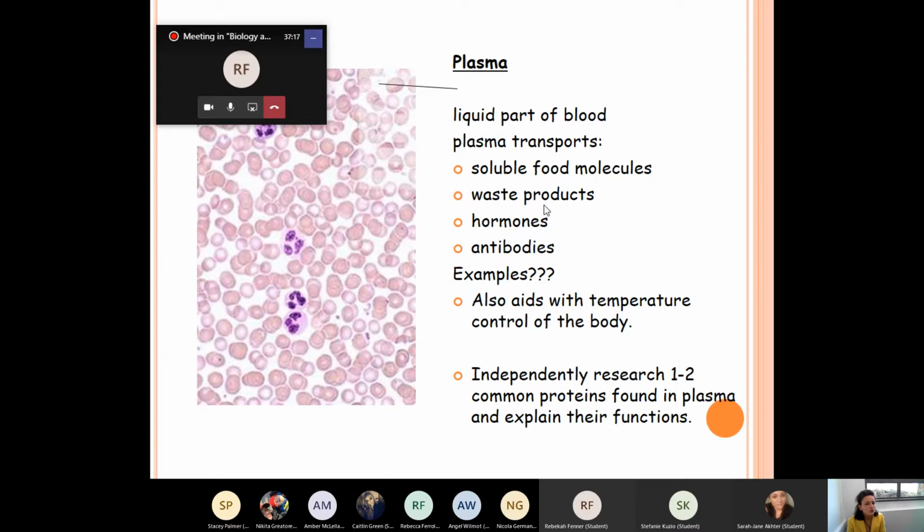And when it comes to hormones, can you tell me specifically where those hormones are produced and where they are going to be carried by plasma to? Is it all cells or some group of specific cells? So can everybody have a little go at thinking of some specific examples for the first 3 bullet points?